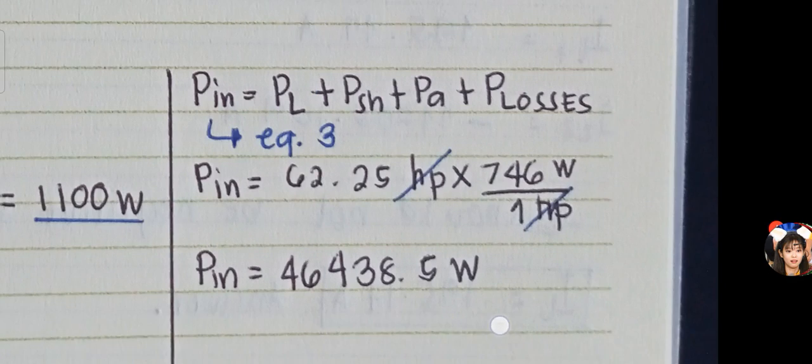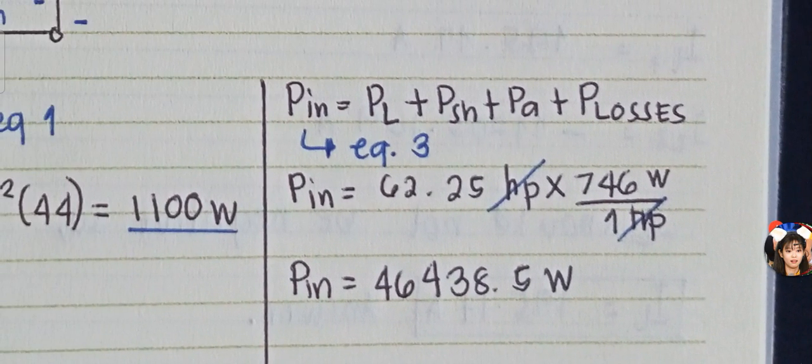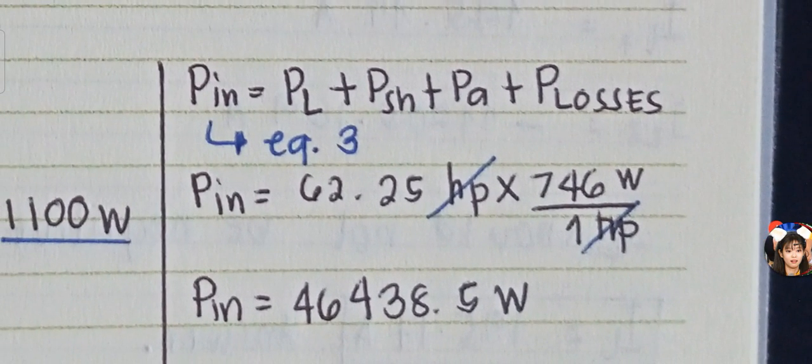Proceeding on the solution, we have P input. We know that P input is equal to PL plus P shunt plus P armature plus P losses. This is our equation 3. First, we convert the value of our P input, which is given as 62.25 HP, into watts.